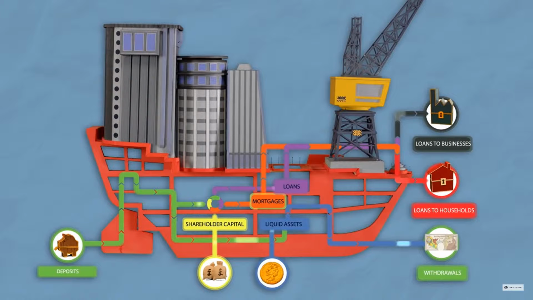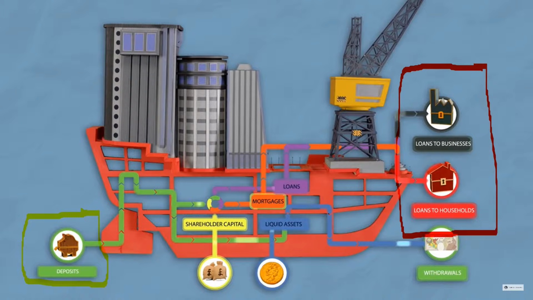First of all, let's have a look again at how a bank operates. Effectively what a bank does is it takes deposits from households and firms, individuals operating within the economy, and then loans that money out to businesses and households.